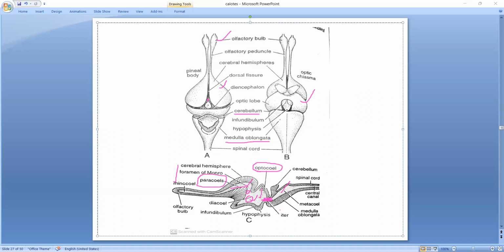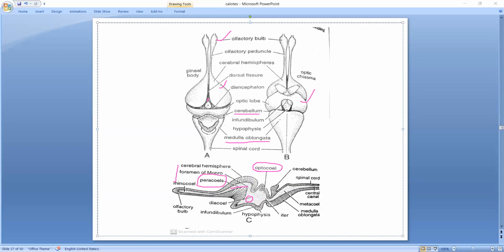And here, if you observe the cerebellum, it is very, very poorly developed. When compared with other animals, the cerebellum of Calotes is very inconspicuous. Okay, so not at all prominent. Okay, so that is the diagram.